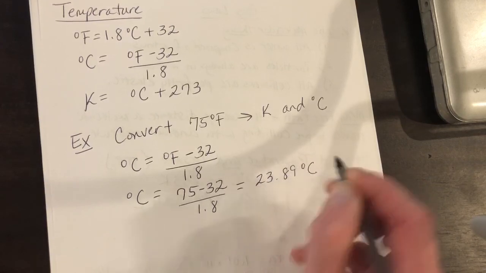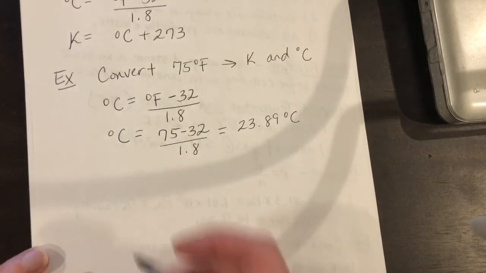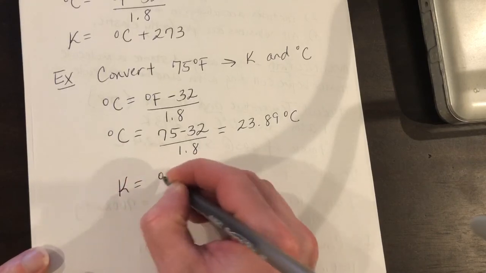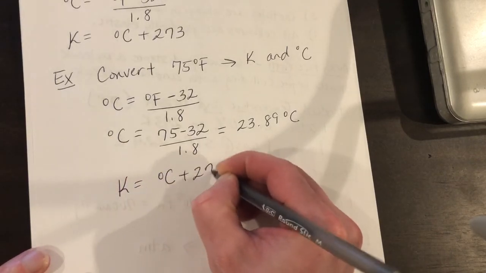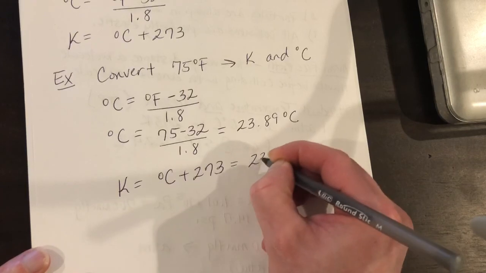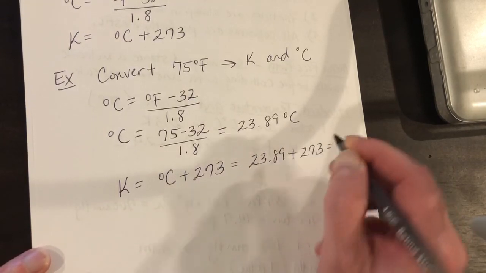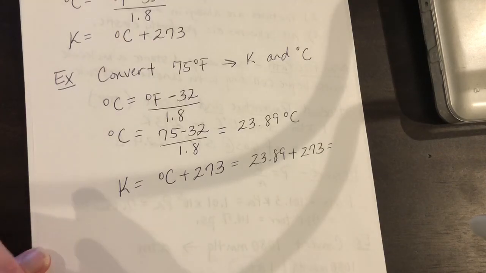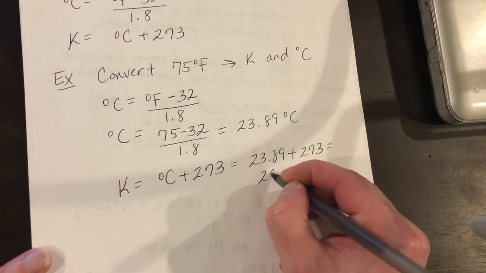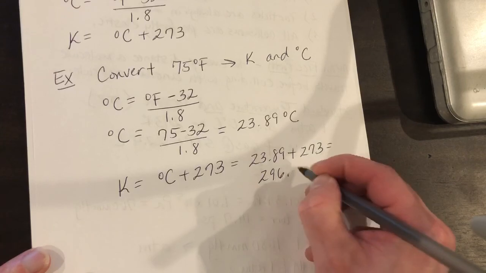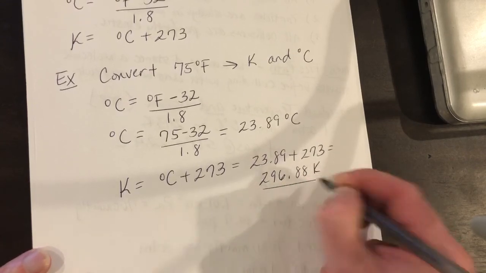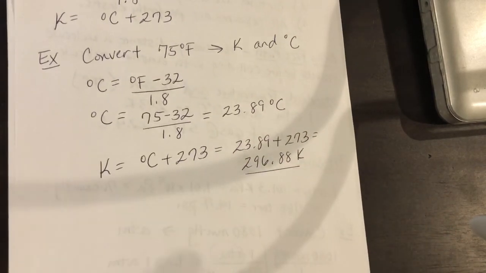And to go to Kelvin, it's degrees Celsius plus 273. So we're going to do 23.89 plus 273. So we get 296.88 Kelvin. Okay, so it's super important that you remember that you have to be in Kelvin whenever you're doing gas law calculations.